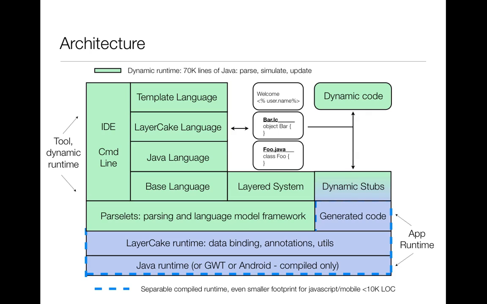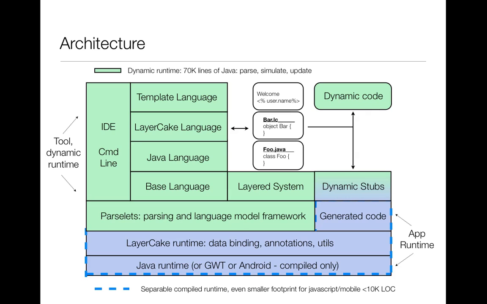So first, the architecture. LayerCake's architecture is composed of two main sections. The green boxes are the dynamic runtime, and the blue boxes are the compiled runtime. The dynamic runtime is used for parsing LayerCake code, doing the code generation, and the implementation of the dynamic mode.